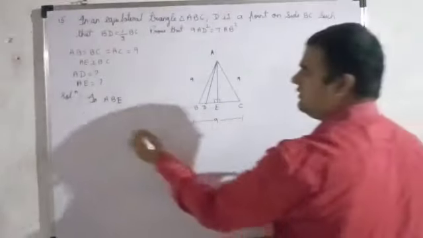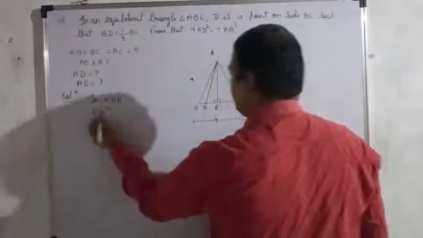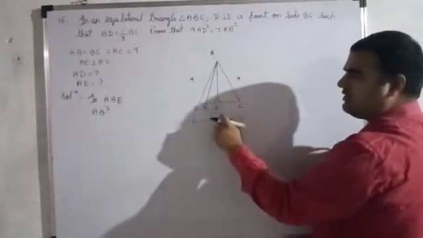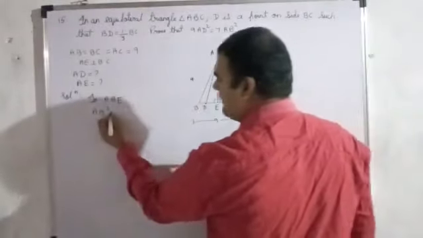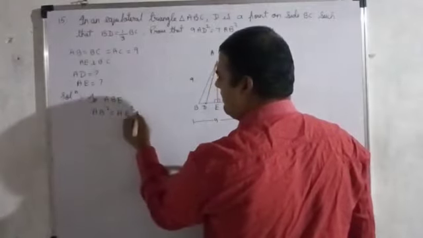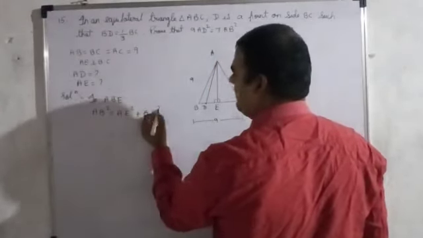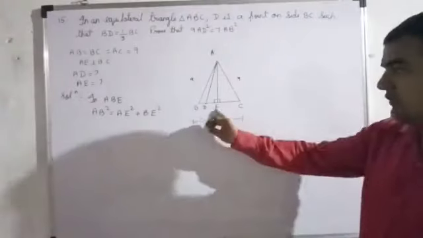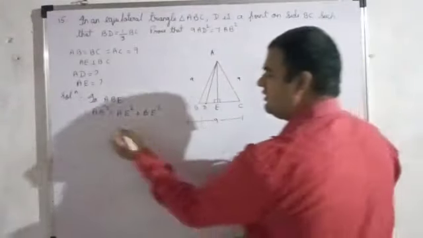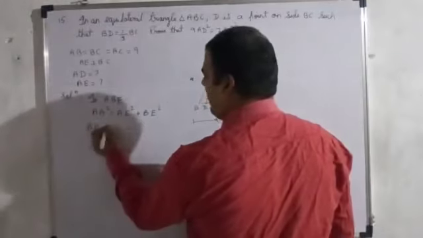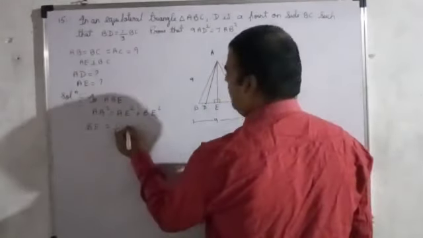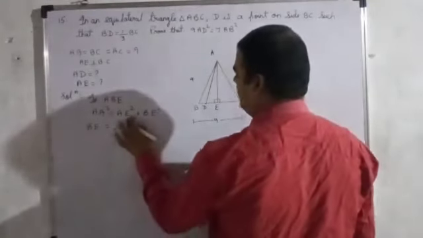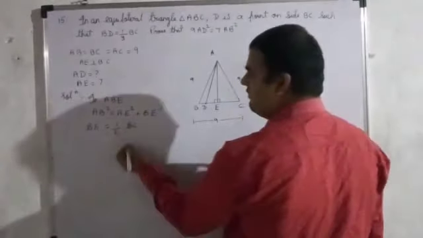AB square equals, in ABE, AB square equals what? AE square plus BE square, right? AB you know is 9. But you need to find BE. So you know BE equals half of BC, right?